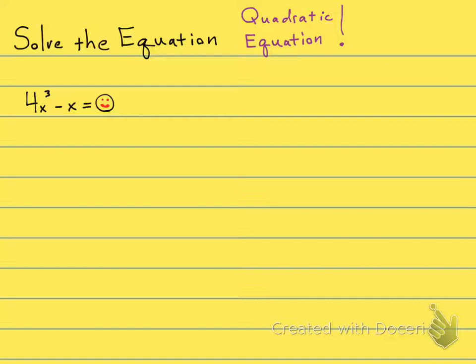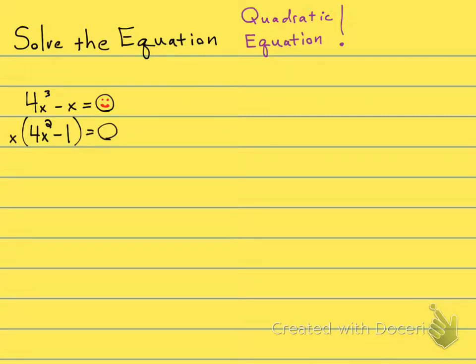I can take an x out of both of them. So I'll bring an x out front, and I will be left with 4x squared minus 1, right? I'm taking 1x away from here. It gives me a square. And when I divide this by x, x over x gives me 1. All right, so equals 0.